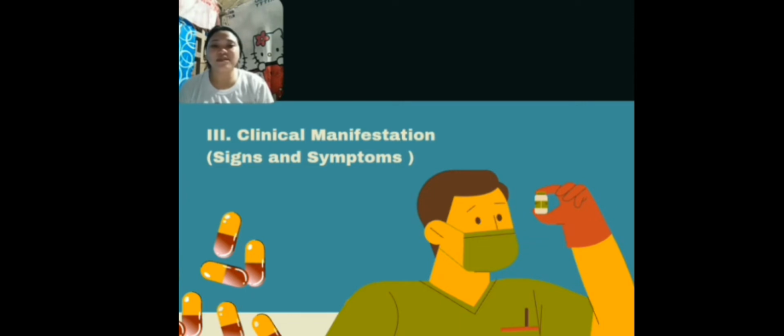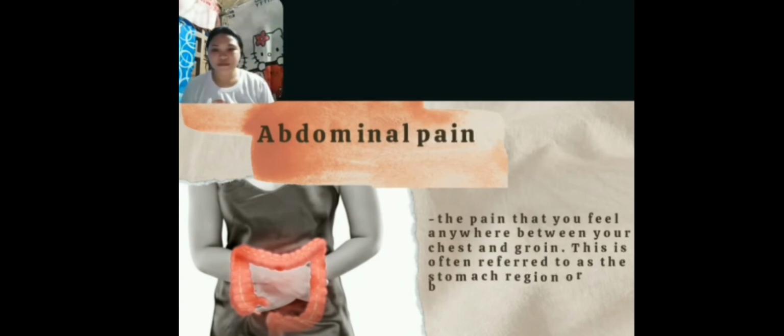Clinical manifestation, signs and symptoms. First is abdominal pain. Abdominal pain is the pain that you feel anywhere between your chest and groin. This is often referred to as the stomach region or belly.